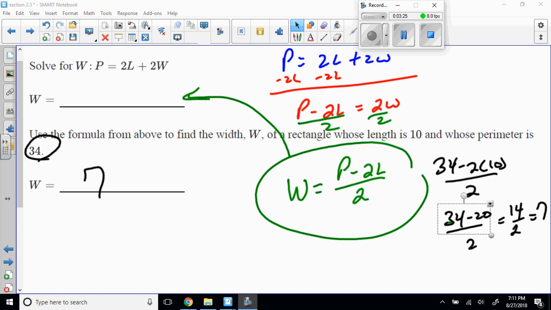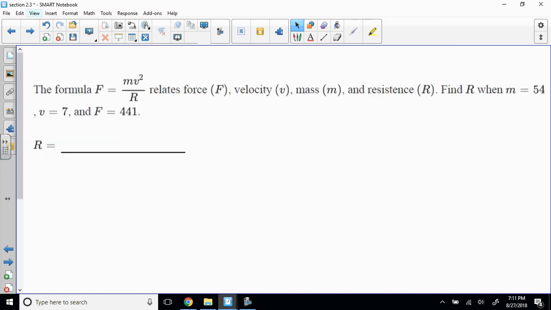All right, guys. Let's look at the next one. This one is, again, just a chug and plug type problem. The formula F equals m v squared over r relates force, velocity, mass, and resistance. Find r when m equals 54, v equals 7, f equals 441.